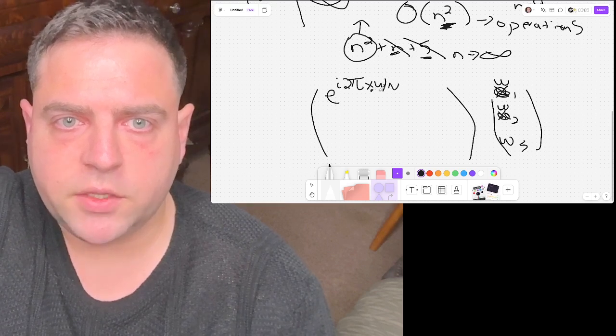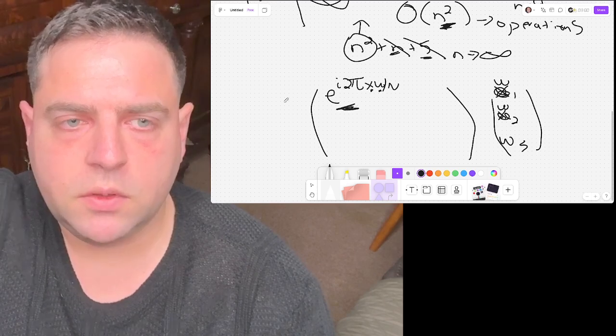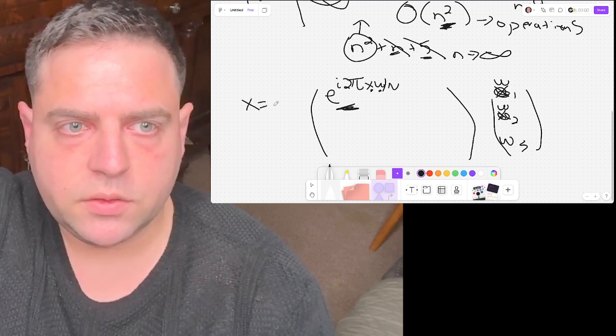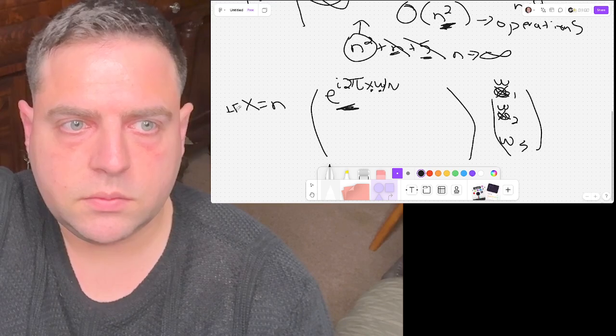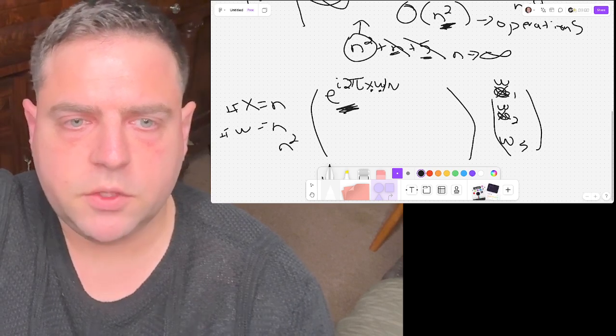So for each x and each omega, you need to compute one of these terms. There are n x's and there are n omegas. So there are n squared of these terms.